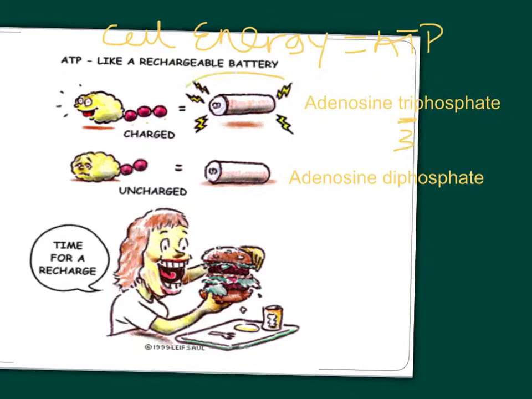Having it is like having a charged battery. You're ready to go. The uncharged version of ATP is called ADP, adenosine diphosphate, where it only has 2 phosphates, so it needs 1 more to be completely charged. And in order to get charged up, you eat food to break it down to get some ATP for yourself.